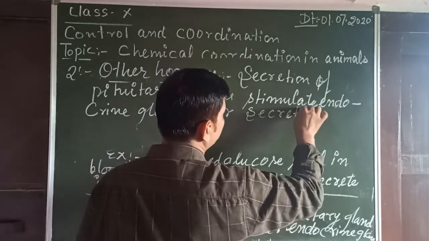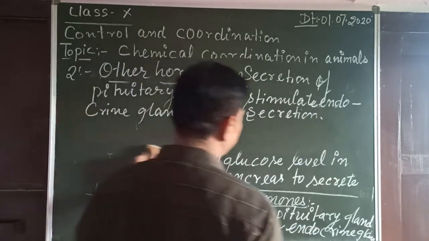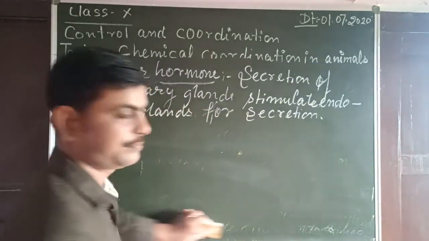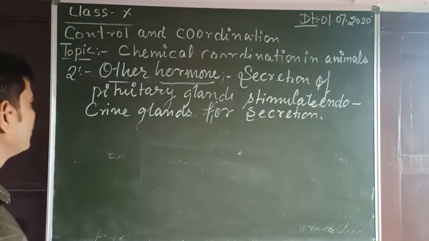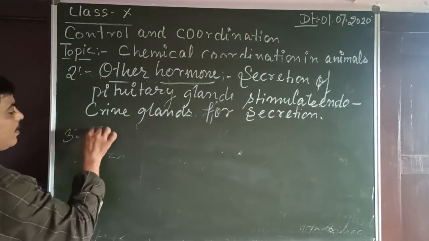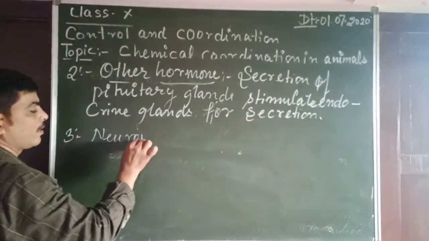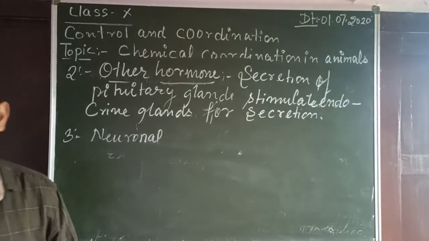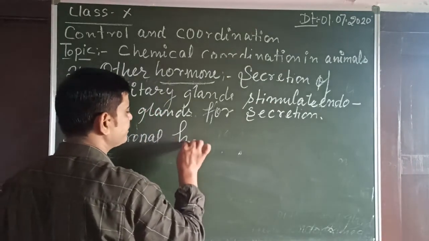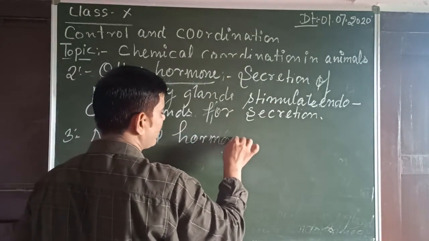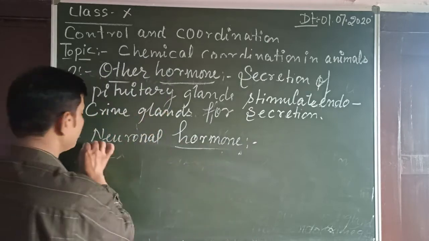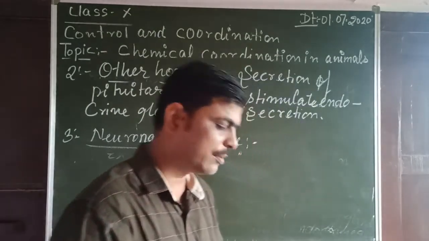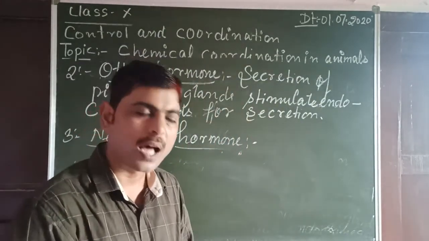And third and last for today is the neuronal hormone. Like neuronal hormone, that means the stimuli received from the nervous system will stimulate the secretion of hormones.